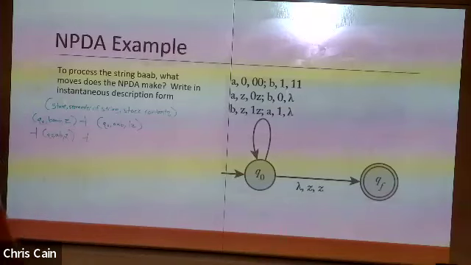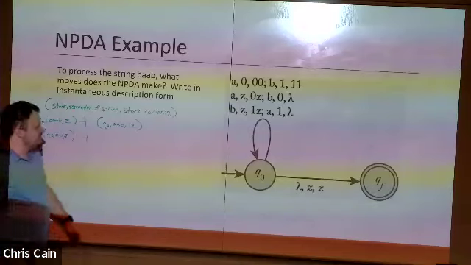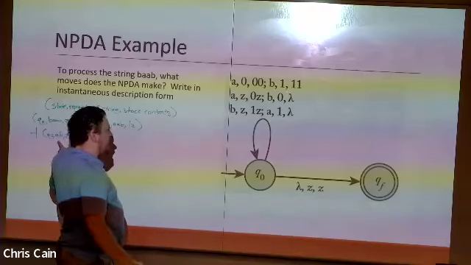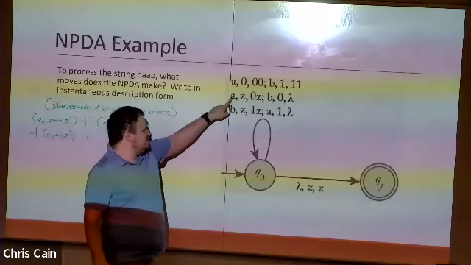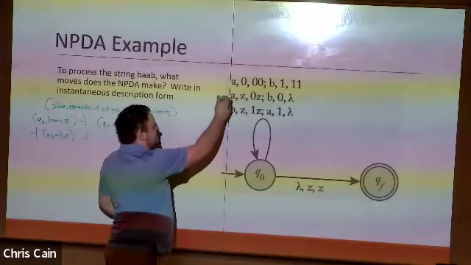Turnstile. What comes next? What transition are we reading? Second, first row. We want to read an A. We have a Z on the top of the stack, so we're right here.